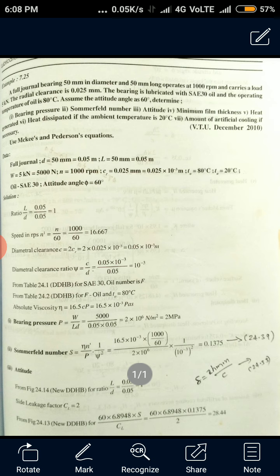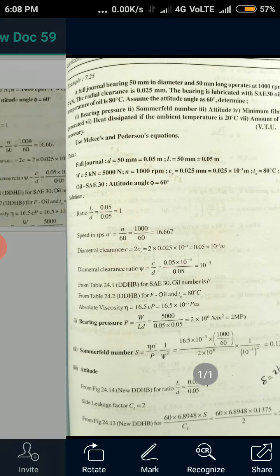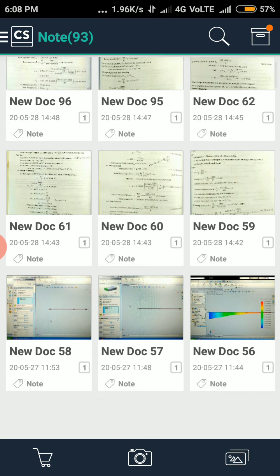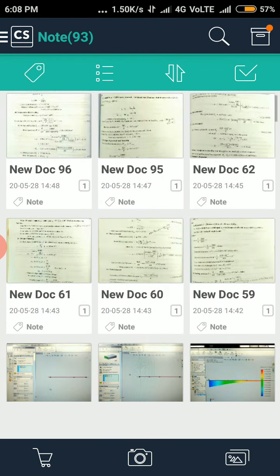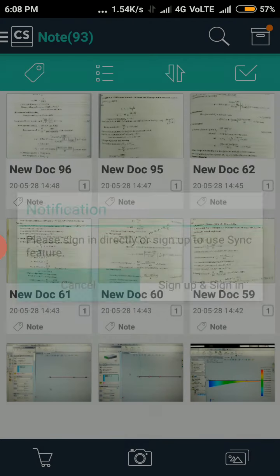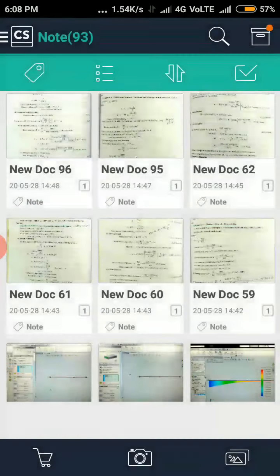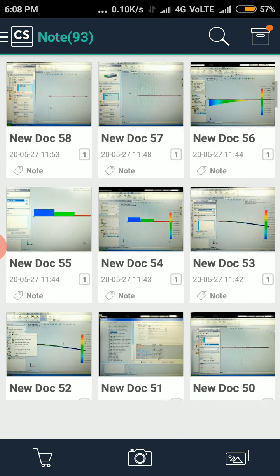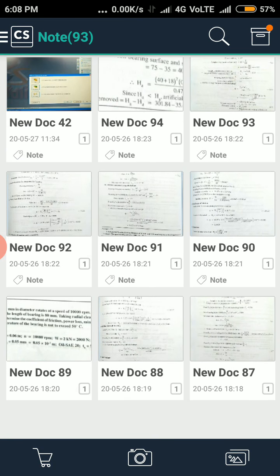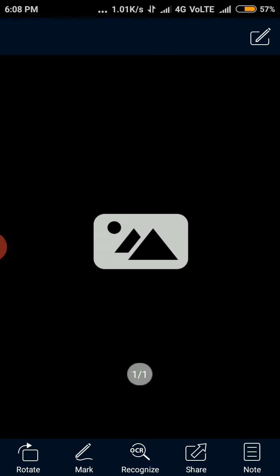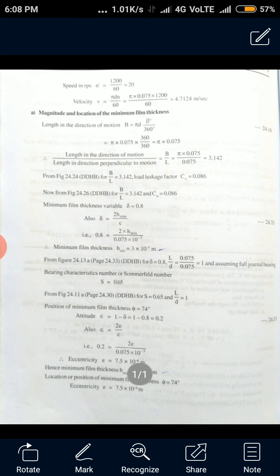For attitude, we can go for the calculation of the flow variable, delta, that is the minimum film thickness variable.